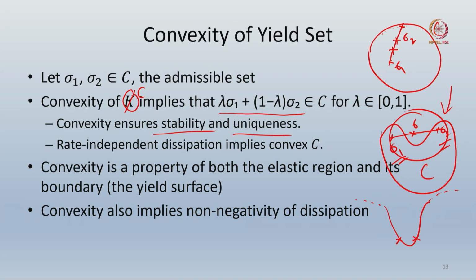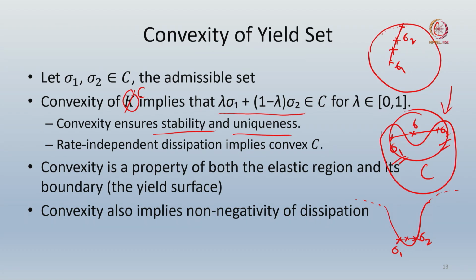Sigma 1 is just inside the boundary, not exactly on it, just inside in the elastic regime. Let us say sigma 2 is also just inside, almost plastic but not yet, it is just in the elastic regime.